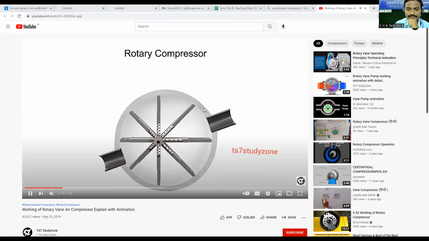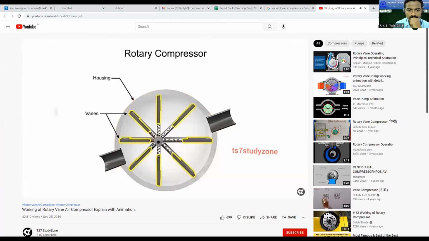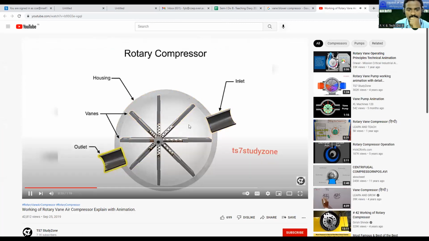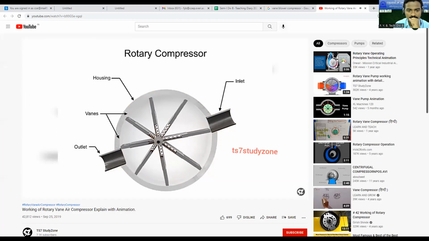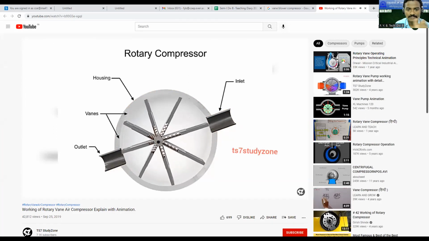Can you see? Yes, sir. Just see. Spring loaded vanes are there. See how the vanes compress.